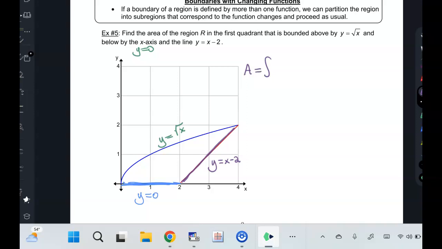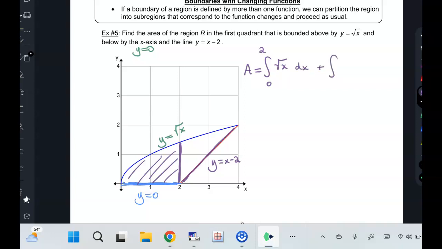We're going to split it up right here where it changes. So the first integral is going to go from 0 to, what x value did it switch over to, of the square root of x minus 0, so we don't really need that minus 0.